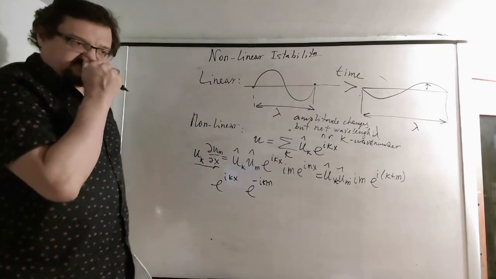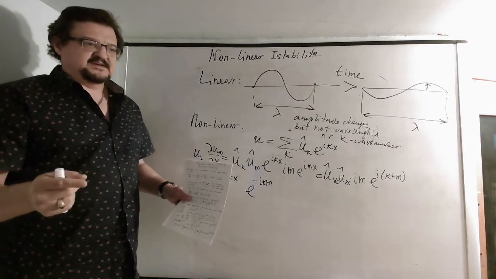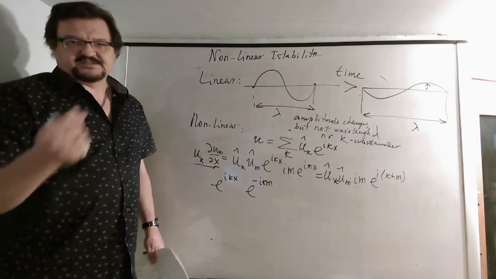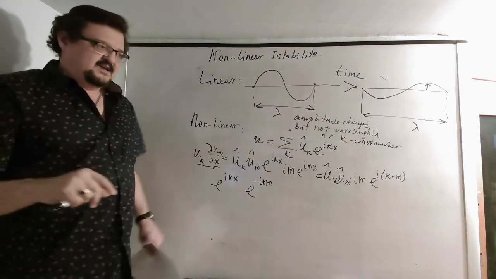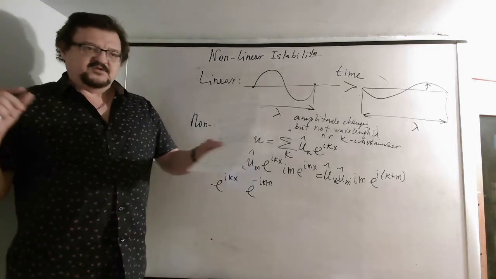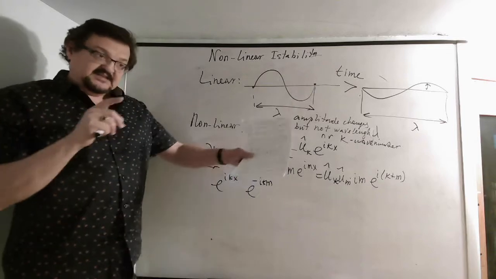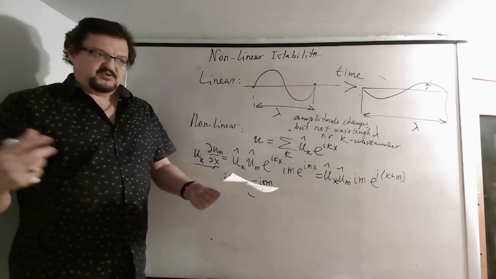It's the same wave that has the same amplitude, the same wavelength, but its phase is different. It's shifted. So phase is basically position along the x-axis. So if it's shifted a little bit, by a certain amount, you have this conjugate.